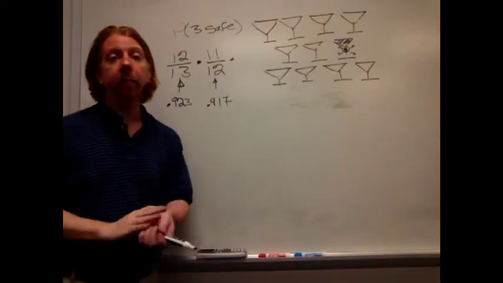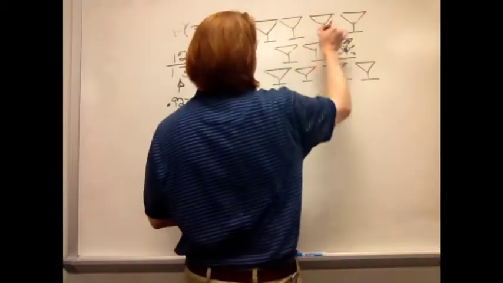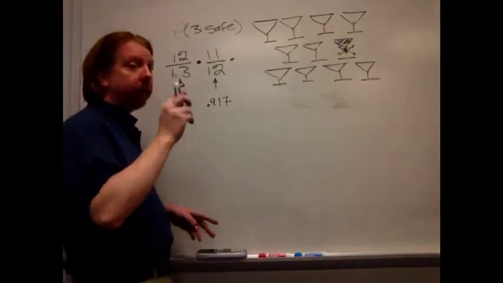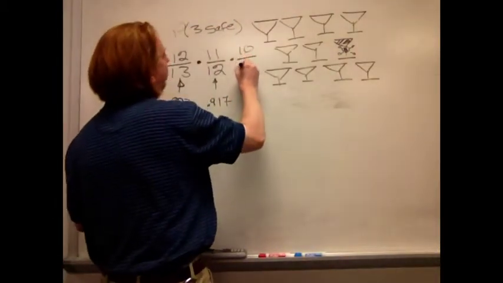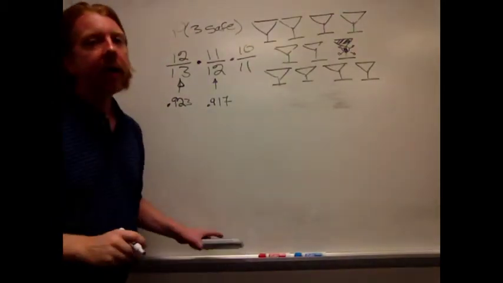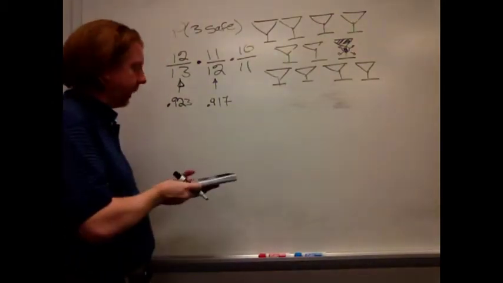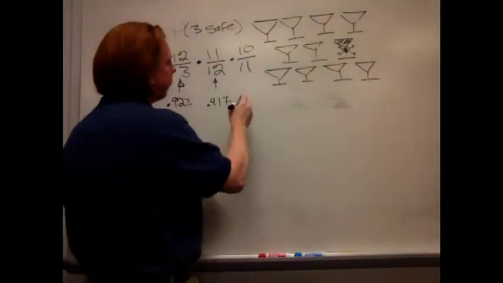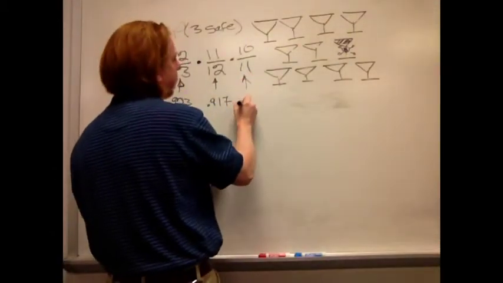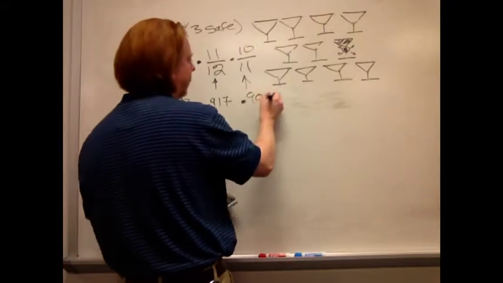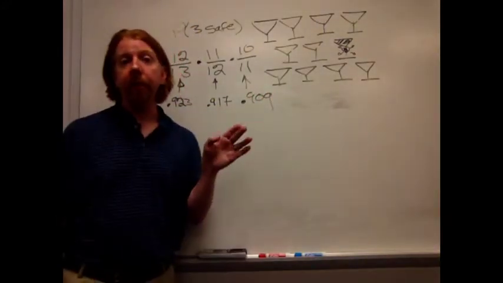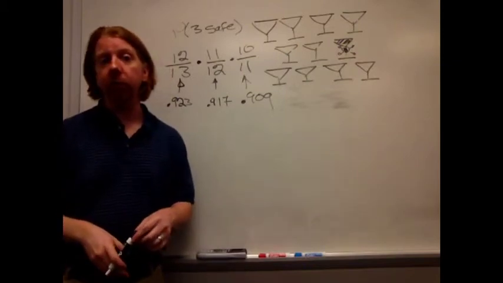Of the 11 that remain, 10 of them are safe to drink. 1 is poisoned. And again, the probability is going to change. 10 out of 11 is 0.909. We can see a steady drop as there are fewer glasses to choose between.